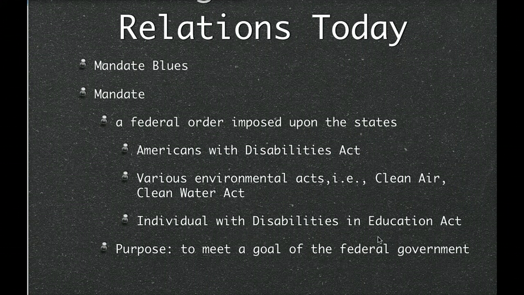So a mandate is represented by sometimes laws like the Americans with Disabilities Act, which required that you have entry into buildings, extra large bathrooms to accommodate those in wheelchairs, etc., etc. It also meant that you had clean air, clean water, in which the federal government was telling states to clean up their act. The Clean Air and Clean Water Acts started in the 1960s, and some facsimile of those laws are still in effect today.